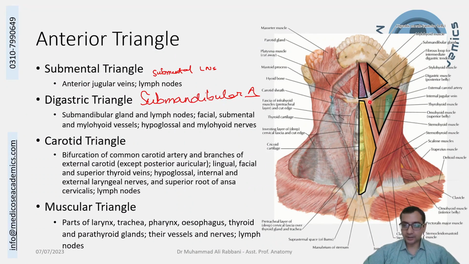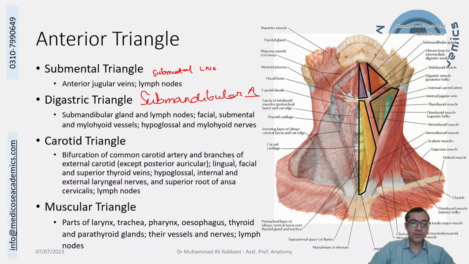Then there is the carotid triangle. If you don't think of anything else, just think of the carotid sheath itself and its contents: common carotid artery, internal carotid artery, external carotid artery, and all of its branches. There are 8 branches of the external carotid artery, and one branch is excluded here.